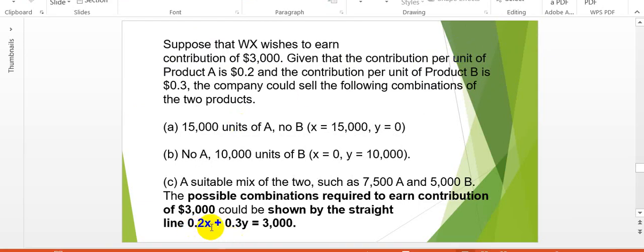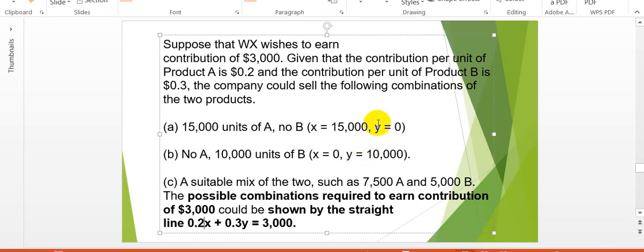So if we produced 0x, then how many y do we need to make 3,000? You make y the subject of the formula. You find that you need 10,000 y.